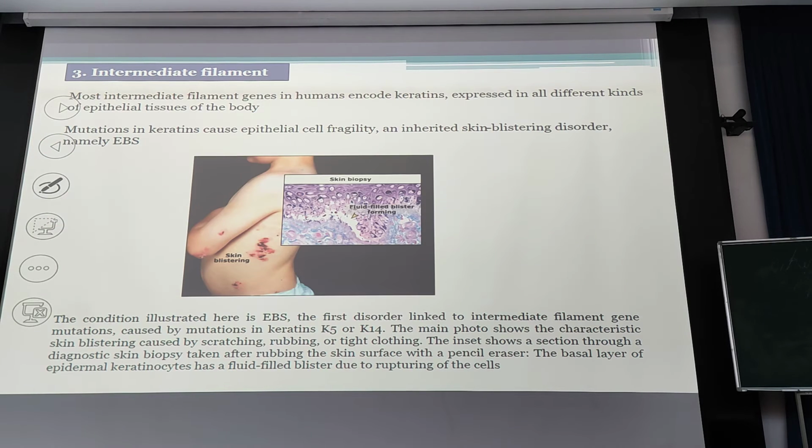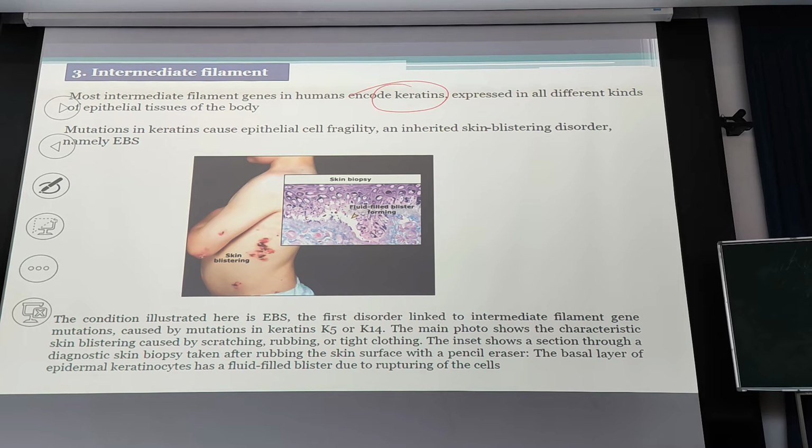For example, here is one disease in humans related to the keratins. The cells have the most intermediate filaments, called the keratins, and they are expressed in different kinds of the epithelial tissue of the body.